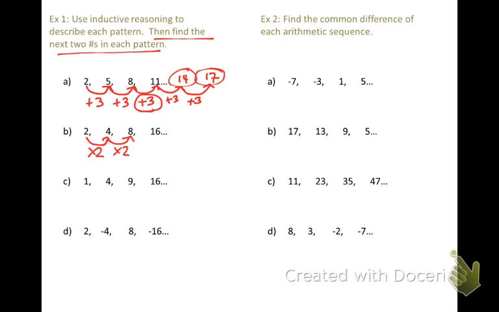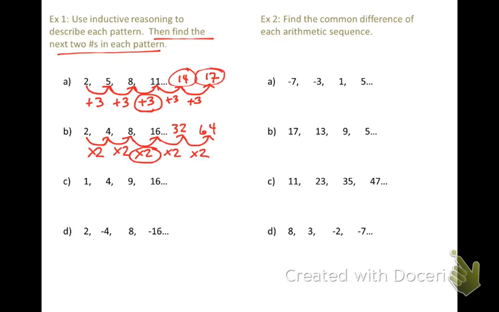That works. 8 times 2 equals 16. So times 2 is my pattern: multiply the previous term by 2. Then multiply by 2 and multiply by 2 again, so that's going to be 32 and 64.